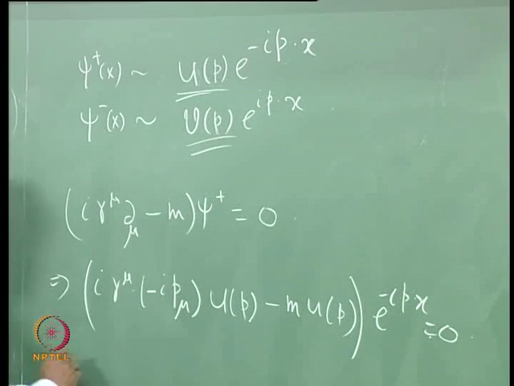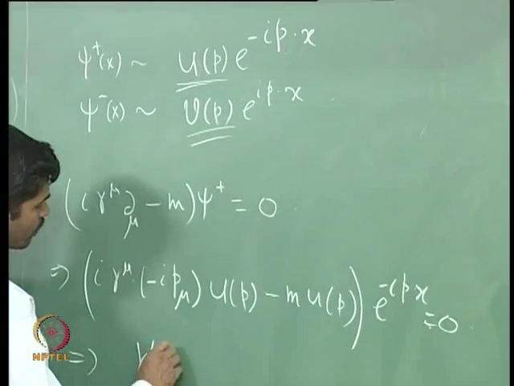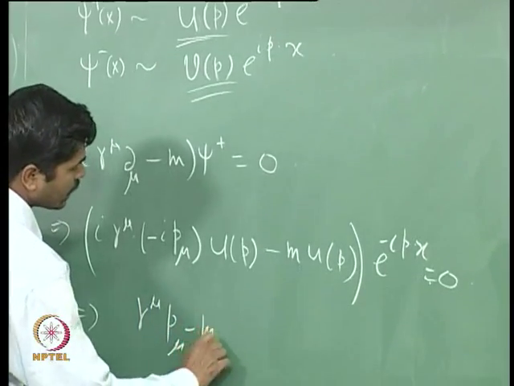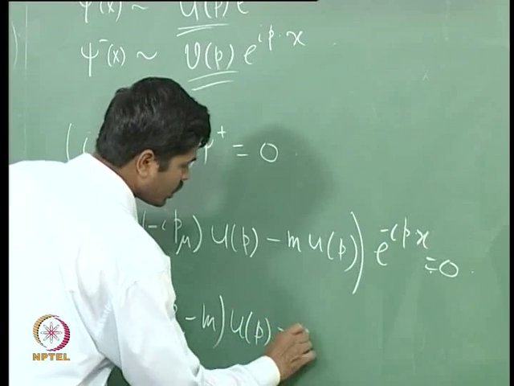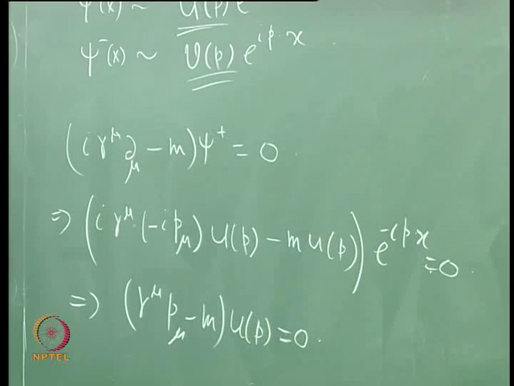This simply implies that (gamma mu p mu minus m) acting on u of p equal to 0.